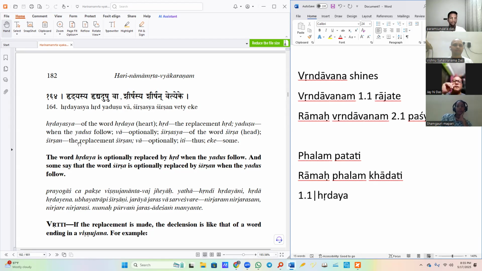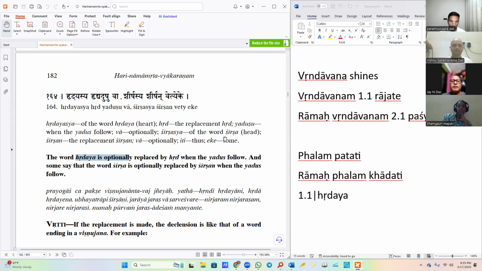So one time it would be like Gokula. And then the sutra says the word Hridaya is optionally replaced by Hrit when the Yadus follow. What is Yadu? After the Pandavas, the remaining are Yadu. Shasadayo Yadu Sangya, 2.3 onwards.